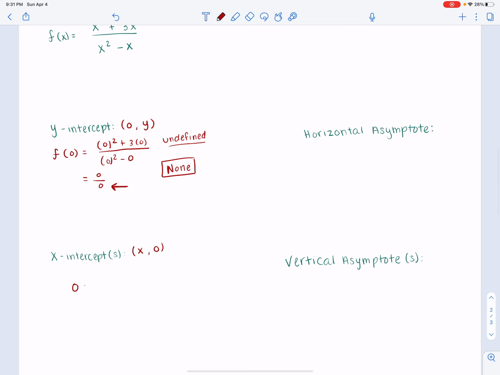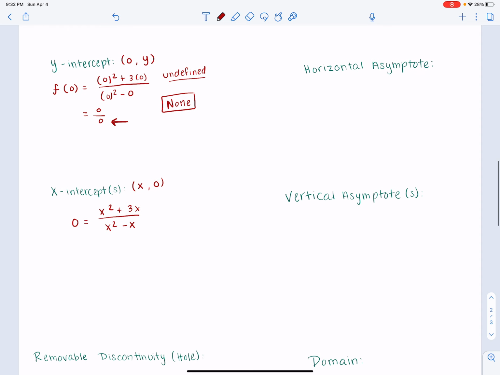So I have 0 equals x squared plus 3x over x squared minus x. And we talked about that you really only need to know where the numerator equals 0, because if the denominator equals 0, it would be undefined. So I'm going to take just the numerator, 0 equals x squared plus 3x.